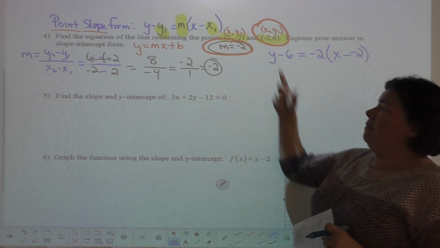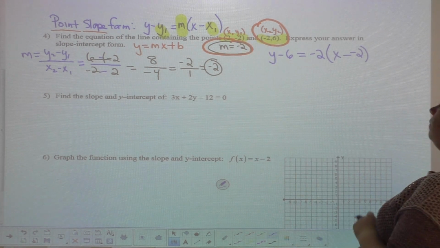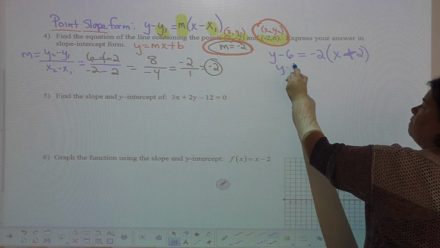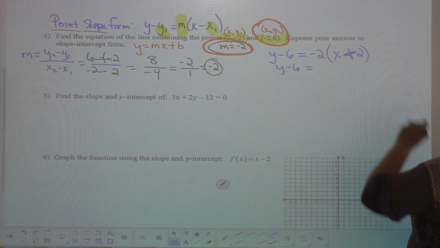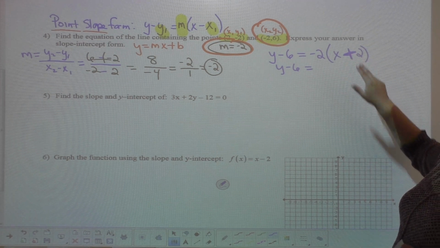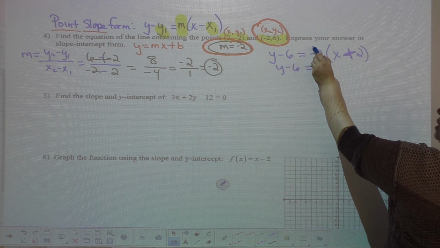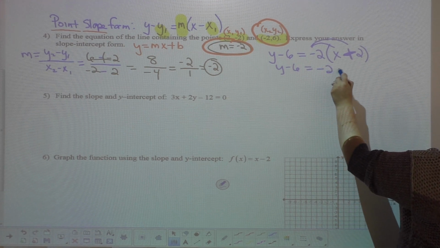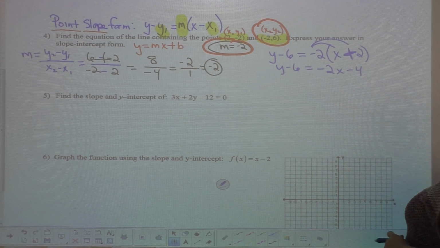So again, it doesn't matter which ordered pair you use. Go ahead and simplify what you can as much as possible before you distribute. Right here, I had a minus and a negative. That becomes a positive. Distribute that negative 2 to everything in parentheses, giving us negative 2x minus 4.